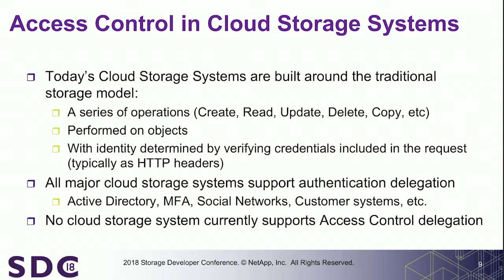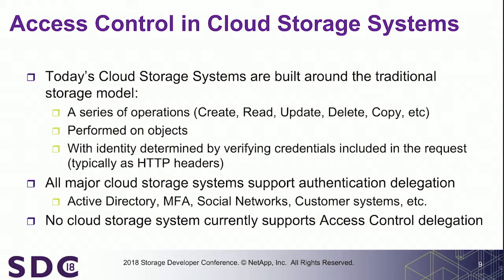And the identity is determined by verifying credentials. And since we're talking about cloud, this is almost always done over HTTP transactions, and the credentials are usually carried as one or more HTTP headers. You may have exchanges back and forth, if you're using OAuth, et cetera. It's a little more complicated than that, but ultimately that's the basic model.